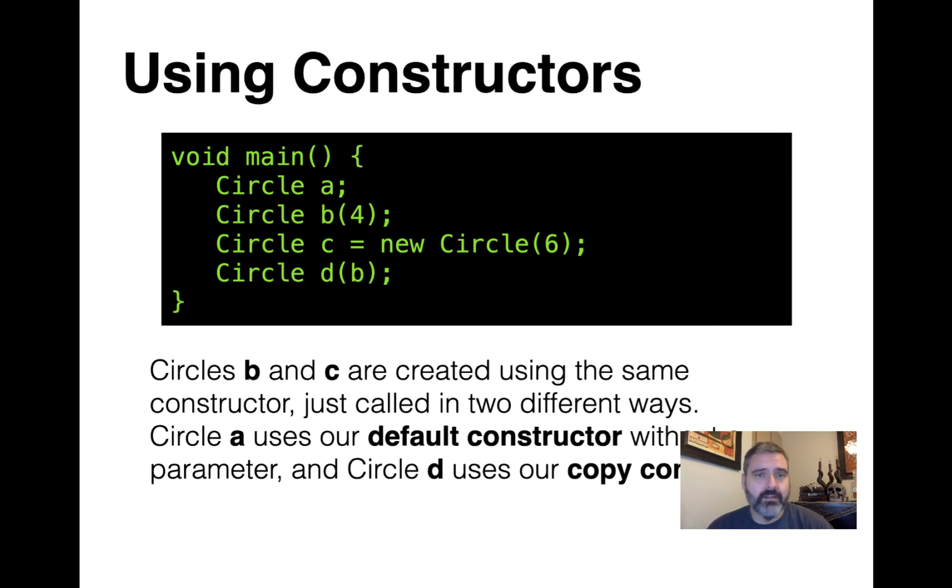Circle C is going to equal a new circle with radius 6. Here I'm actually calling the constructor by name. I'm not using some C++ shorthand. I'm also using that new keyword, which is actually going to create it in a slightly different way. Remember when we were talking about pointers and using the new keyword, what I'm actually doing is creating that circle object in the heap.